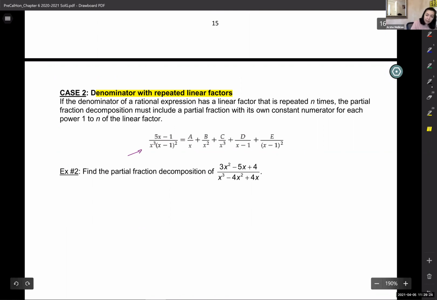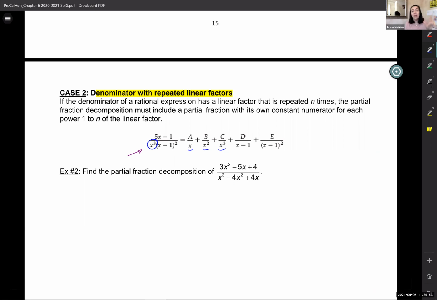Look at the denominator here. You have an x cubed, right? So the base of that is x, and the exponent is 3. Whatever the exponent is, you need 3 separate fractions for that one term. And the way you do it is, look, you do base to the power of 1, so x to the 1, x to the 2, x to the 3.